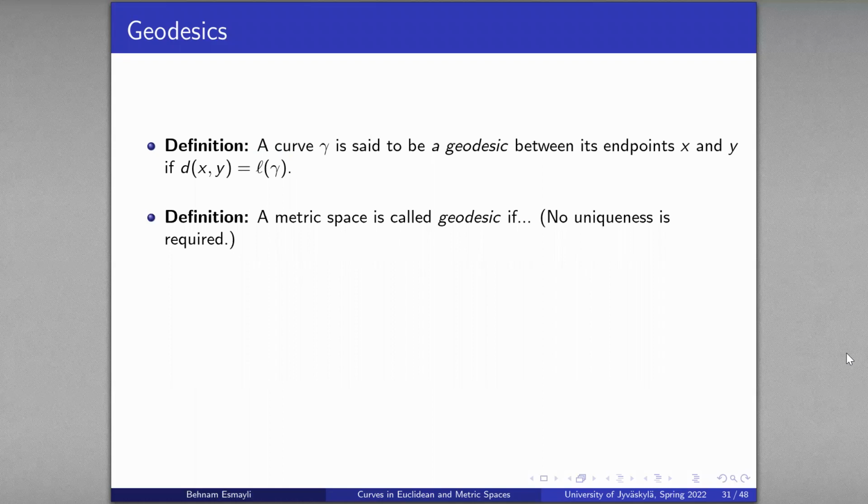We say a metric space is geodesic if any 2 points in that space can be joined by a geodesic, by a shortest curve. And it's important that the definition does not require it to be a unique one. So there is at least one shortest curve that connects them.